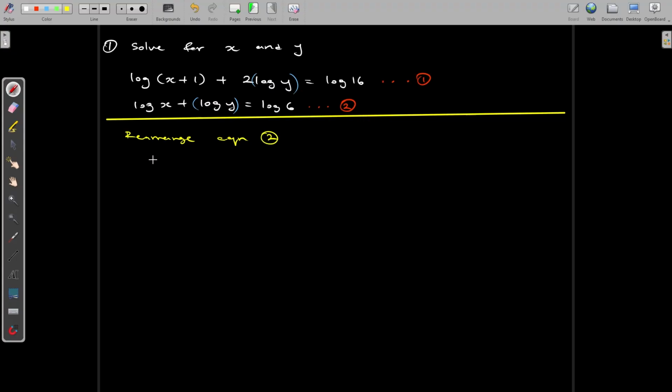So rearranging equation 2, log y will now be equal to log 6 minus log x. Alright, so that is what log y is equal to. So this will now be our equation 3. Then we can substitute log y in equation 1.